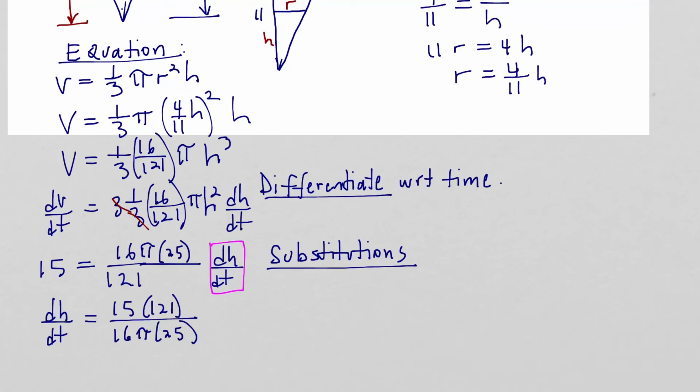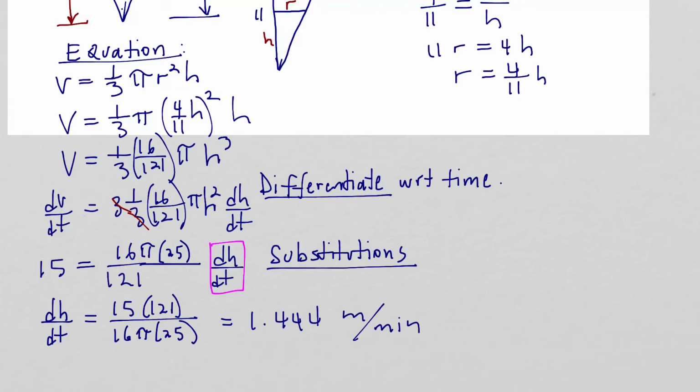So if I want to solve for dh/dt, I can just multiply by the reciprocal of this business here. So that's what I've done. And if I run this through the calculator, I'll be able to get that dh/dt is equal to 1.444 meters per minute.